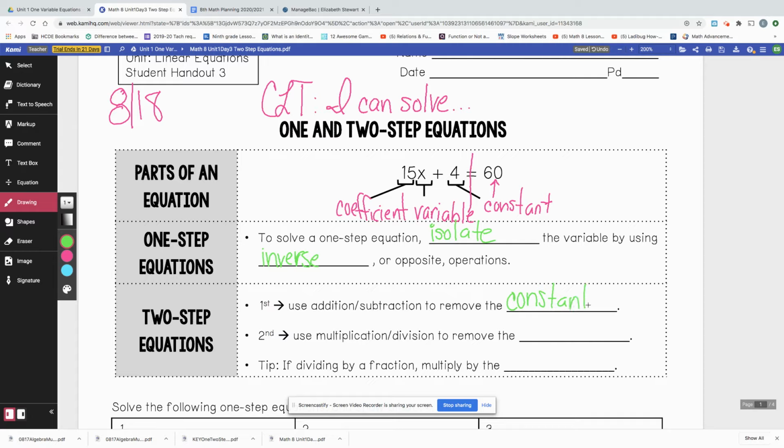Another name for that constant is just whatever the number is without the variable. Secondly, we use multiplication or division to remove the coefficient. If dividing by a fraction, we can multiply by the reciprocal.